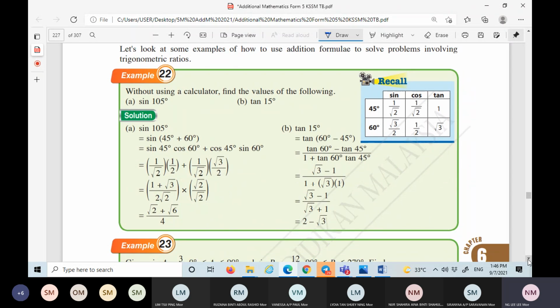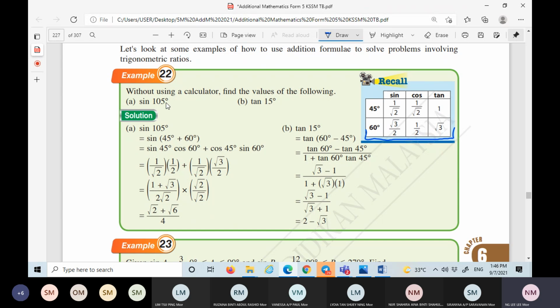This one cannot use a calculator, which means you have to show the steps. You can still use a calculator to double check the answer, but if they say without using a calculator, you cannot give the final answer in decimal. Instead you have to make use of the special angles. I hope you still remember special angles.